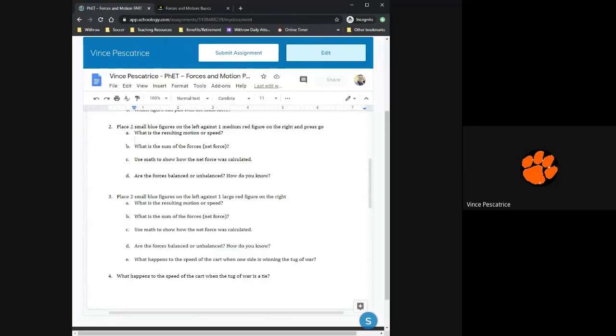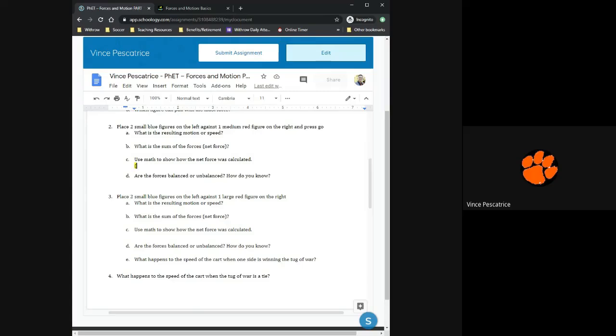All right, so this is how we're going to use the math. I'm going to start with a parenthesis. Again, the sum of the forces means they're going to be adding. So if it's moving to the left, it's going to be a negative number. Now in science, the negative numbers don't always mean it's less than. We're going to find out when we get to some more physics later that negative can just mean a direction.